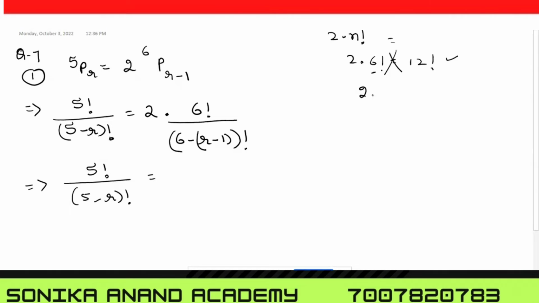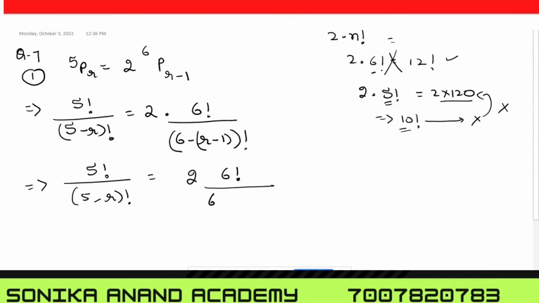For example, 2 times 5 factorial: we have solved 5 factorial is 120, so that is 2 into 120. And if I elaborate 10 factorial, its value becomes different. So these two are not equal.